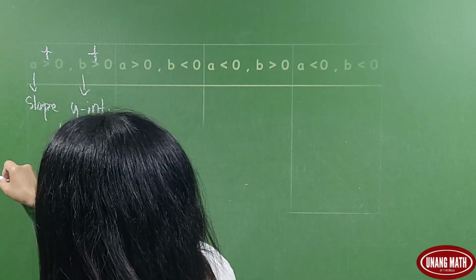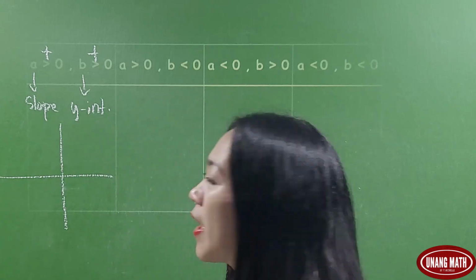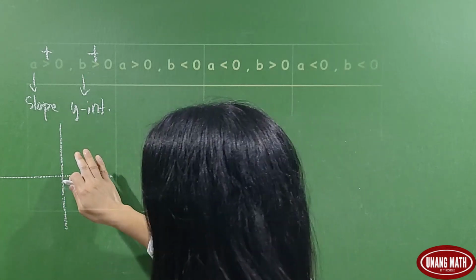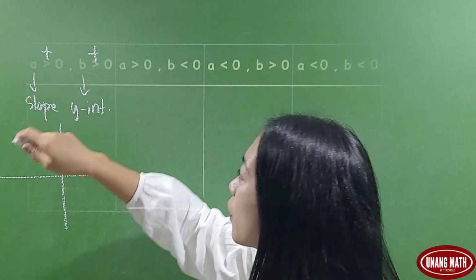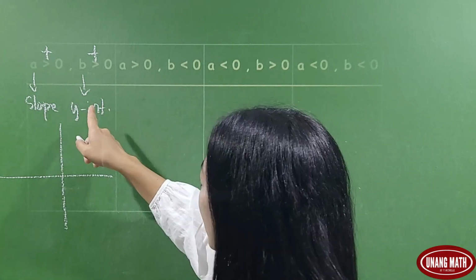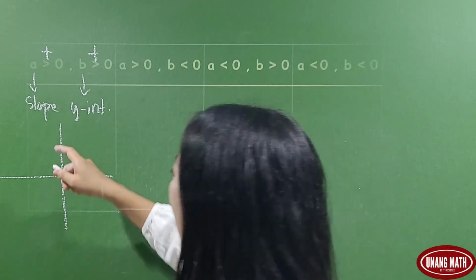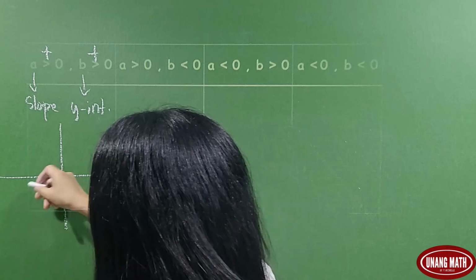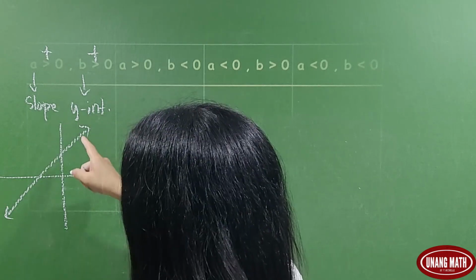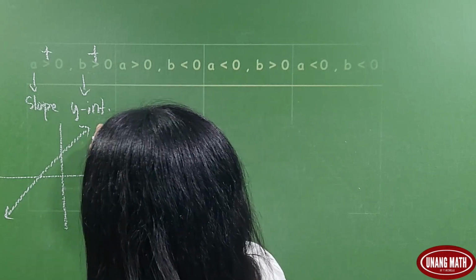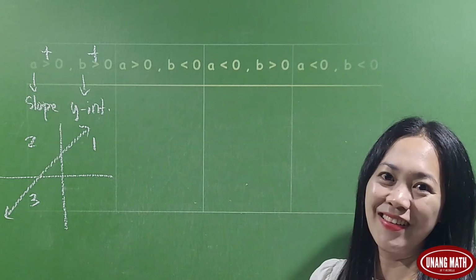If we are going to graph this function where the slope and the y-intercept are positive, then that means the slope is positive, so it slopes upward. The y-intercept is positive, then that means the graph touches the positive y-axis. So it means the graph looks like this. So this graph lies in the first, second, and the third quadrants.